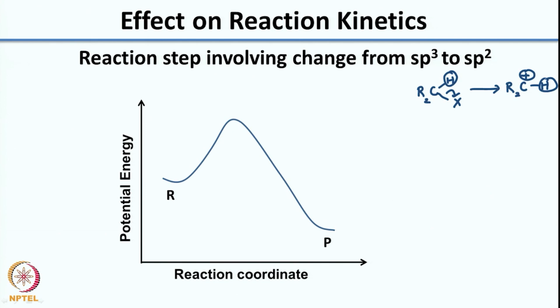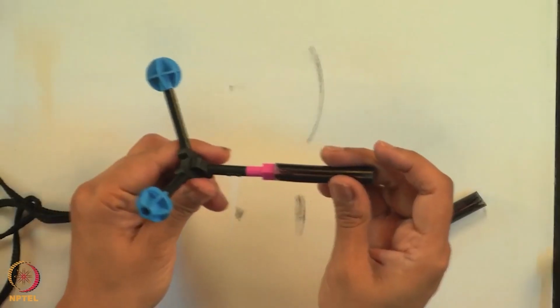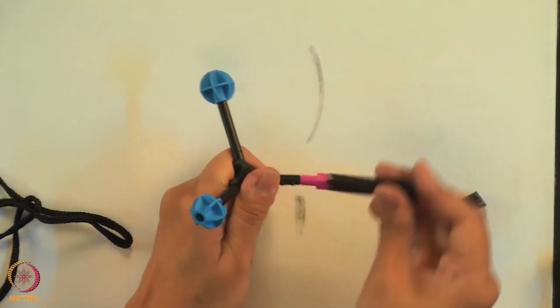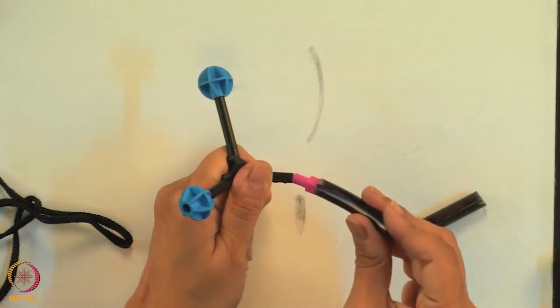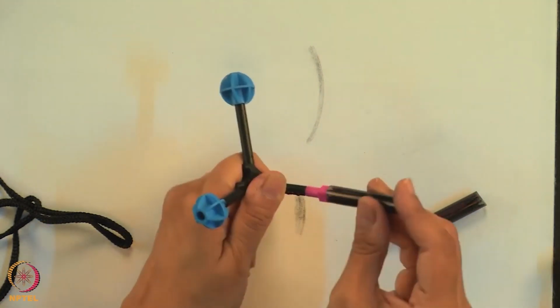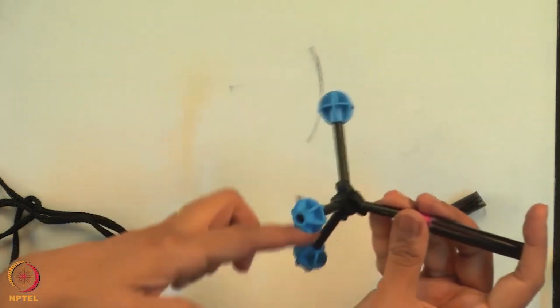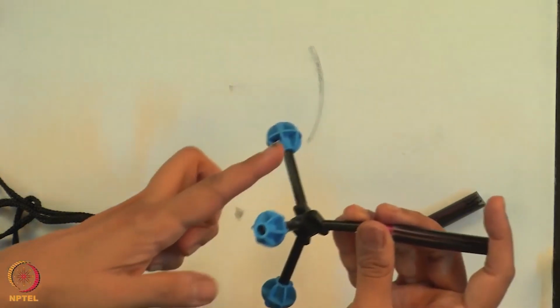So, in the case of sp3, if you remember the in plane and out of plane bend, in both of these cases you have significant steric interaction, that is why both of them were 1350. So, in the case of sp3, whether you have your out of plane bend or you have your in plane bend, what you see is you have steric interactions with all these 3 atoms.